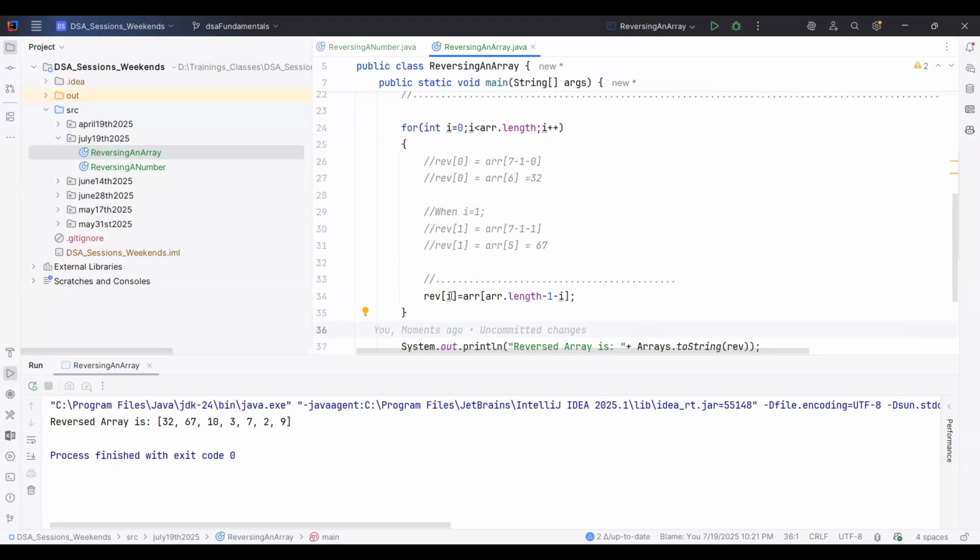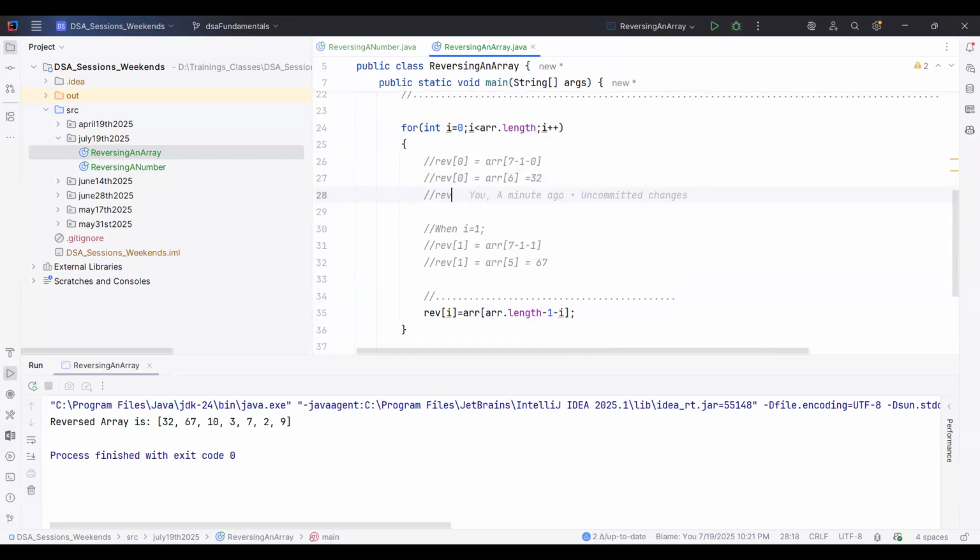If you see here, what is the value of i here? 0. What is rev of i? That means rev of 0. What is rev of 0? That is equal to the value present at the 6th index position of arr, arr of 6. That is 32. So at the 0th index position, the value will be 32.